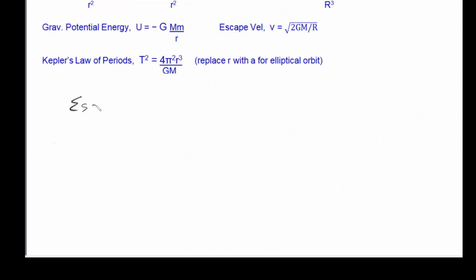Let's also discuss escape speed. So if you fire a rocket or a spaceship off the surface of the Earth, if it doesn't have enough speed, it'll just come down in a parabolic arc and crash to the Earth.